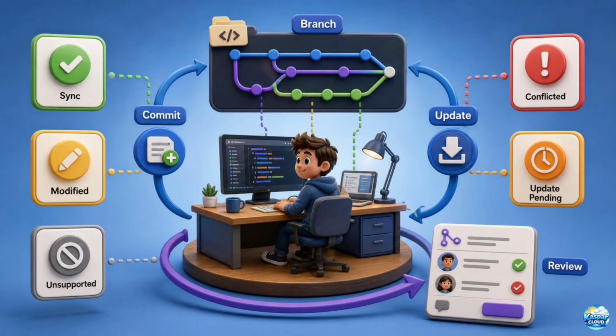Developers can commit workspace changes into Git, update the workspace from Git, and use branches to isolate work. This is important because analytics artifacts become easier to review, restore, compare, and govern. Instead of relying on memory or manual copies, the team can use familiar pull requests and source control practices.